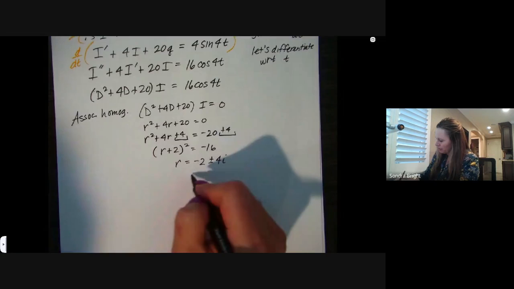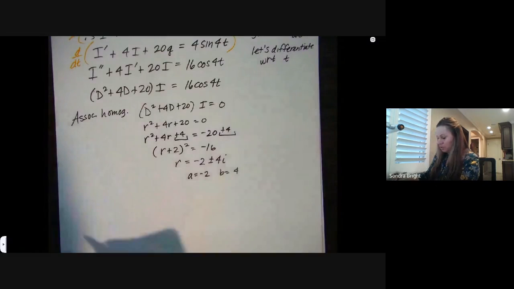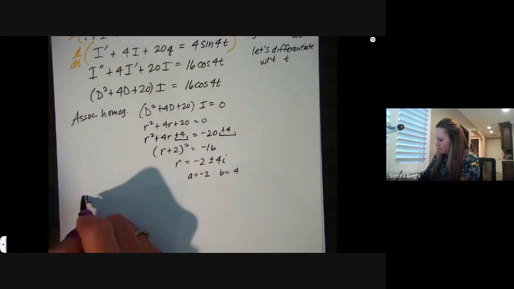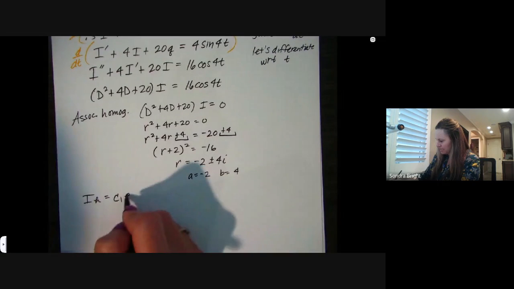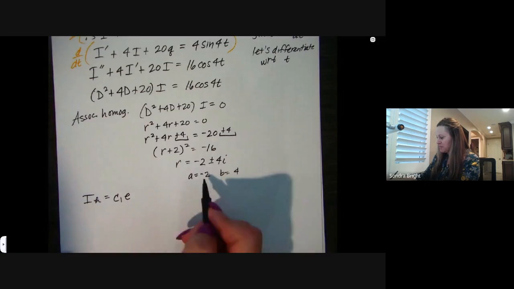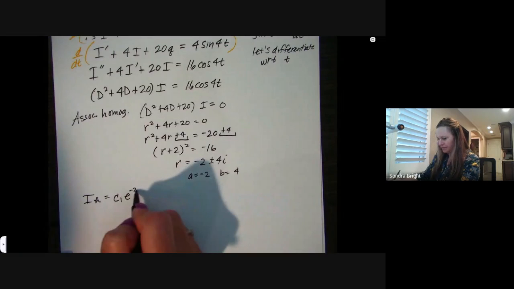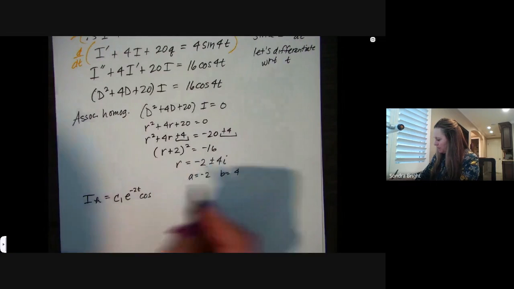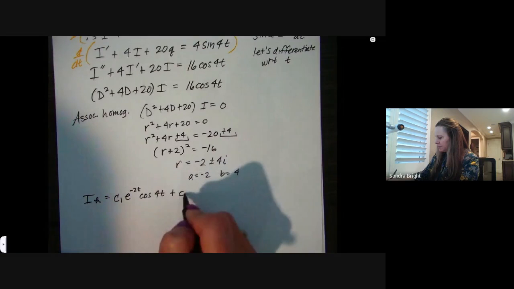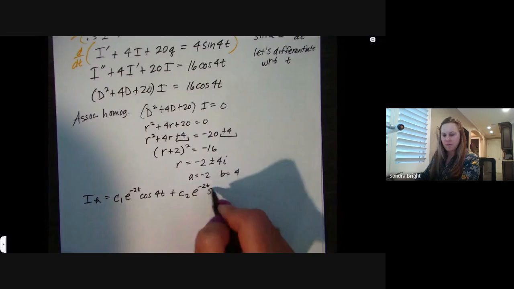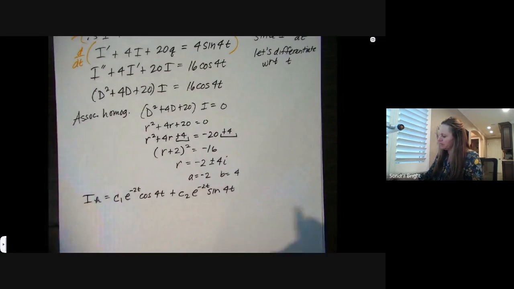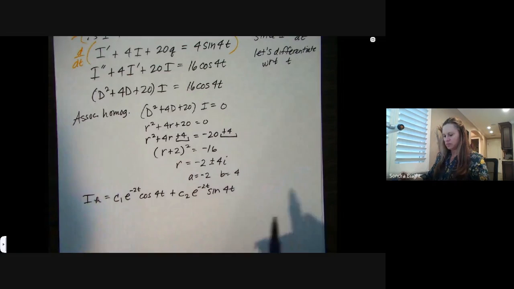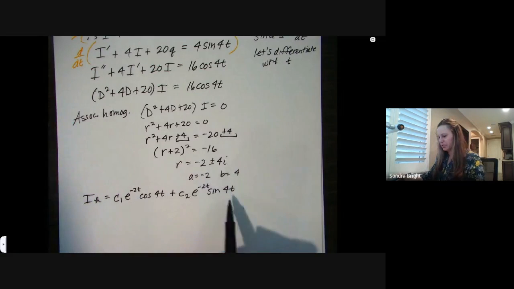And so your homogeneous solution would be C1 e to the at, so negative 2t, times cosine of bt, plus C2 e to the negative 2t times sine of bt. Hopefully you remember that's how you find it when you've got complex solutions, it's those two and then a linear combination of the two.